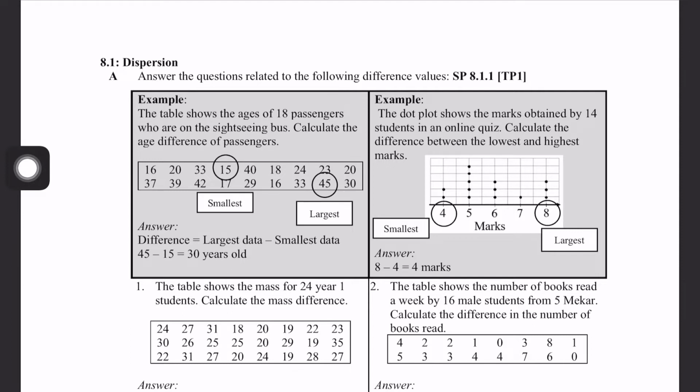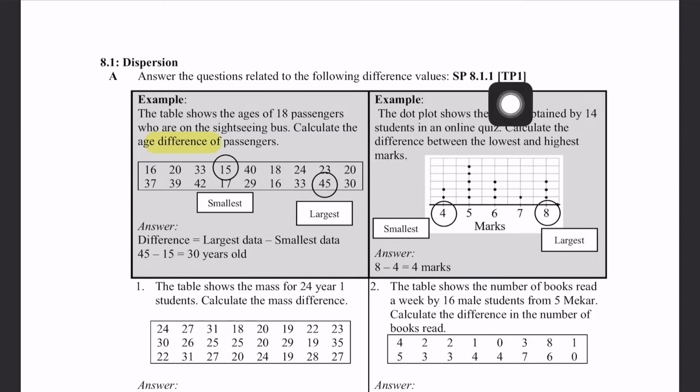If the question is about difference, you simply find the difference between the largest and smallest value. So the answer is largest data minus smallest data. The largest data from this set of data is 45, minus smallest is 15. So 45 minus 15 is 30 years old.